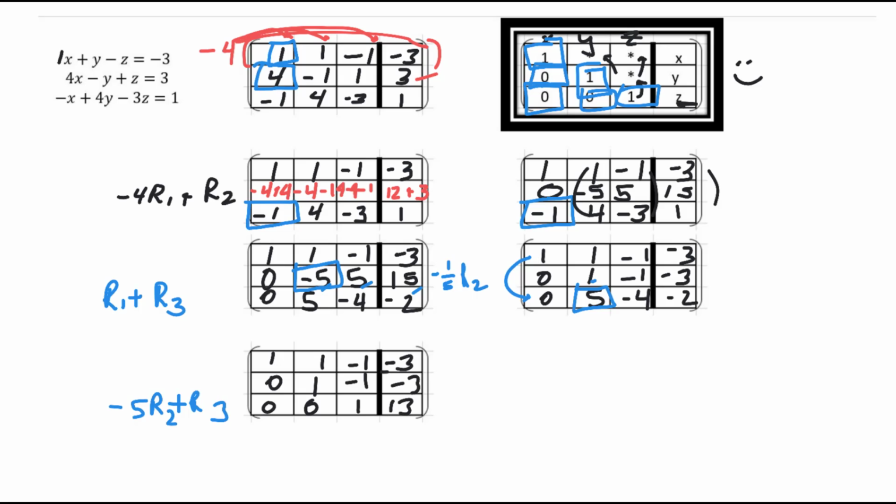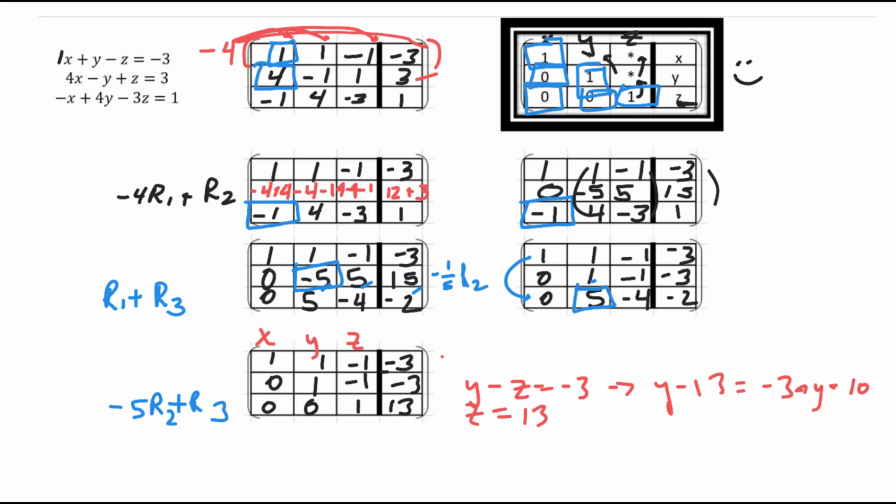All right, so remember these columns are x, y, z. So I can see z equals 13. Back substitute: 1y minus z equals negative 3. Well, z is 13. And then if I add 13 to both sides, I get y equals 10.